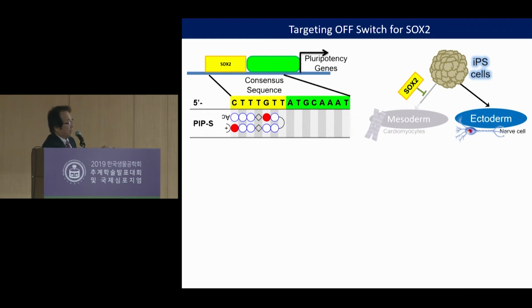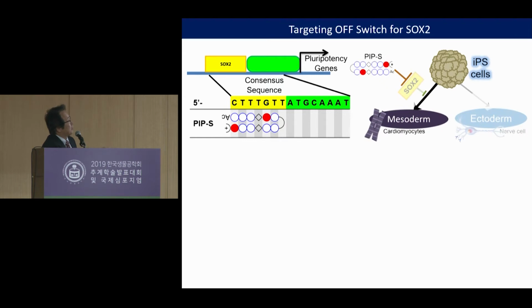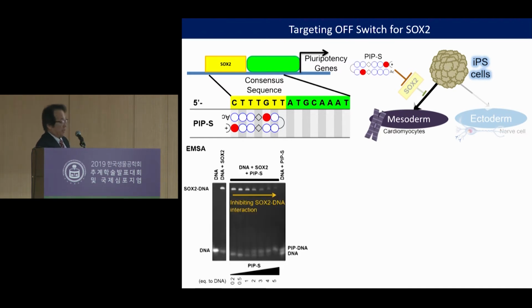Therefore, we can assume that if we inhibit SOX2, iPS cells would differentiate into mesoderm. If we added SOX2, then we can see the shifted band here. Upon addition of the designed polyamide, the amount of SOX2-DNA band decreased with the formation of PIP-DNA. This clearly indicates the polyamide can replace SOX2 at about 5-fold excess.